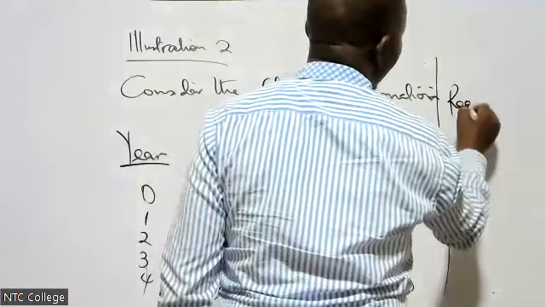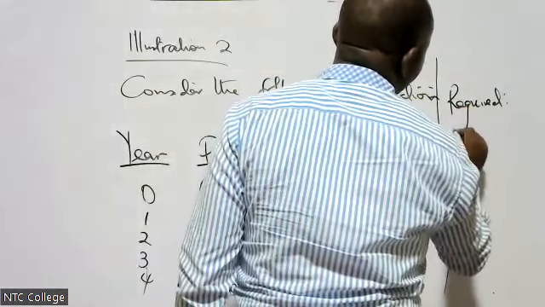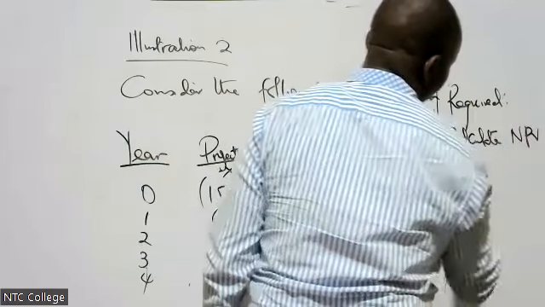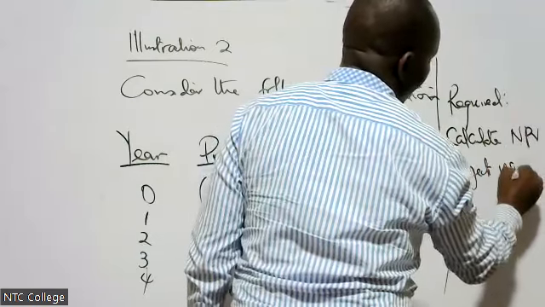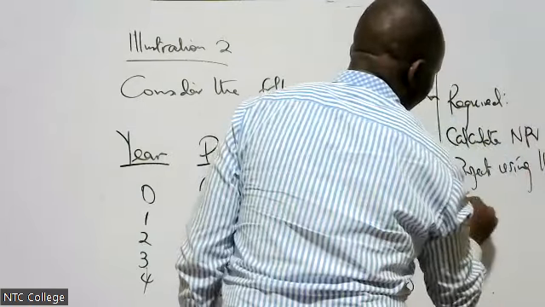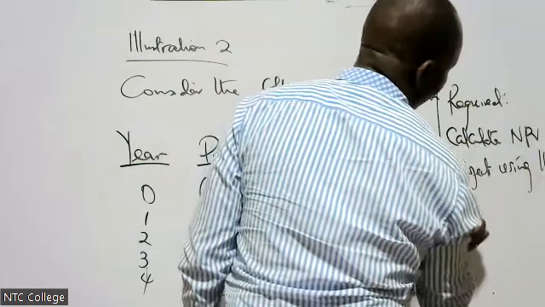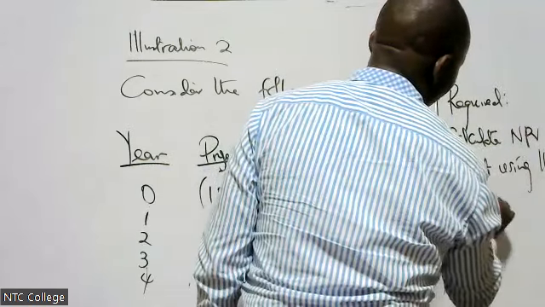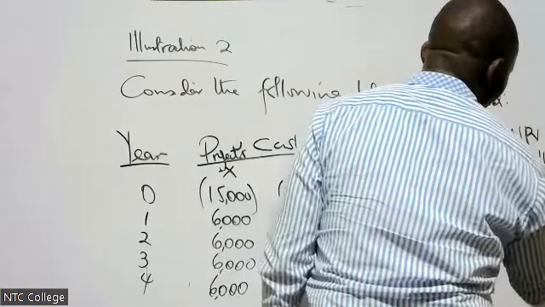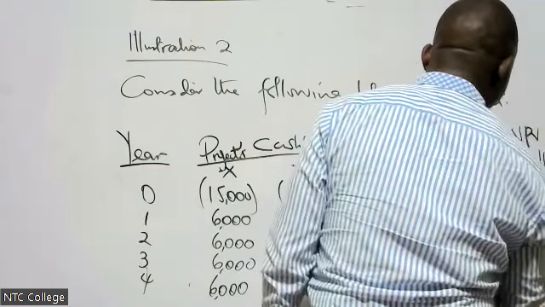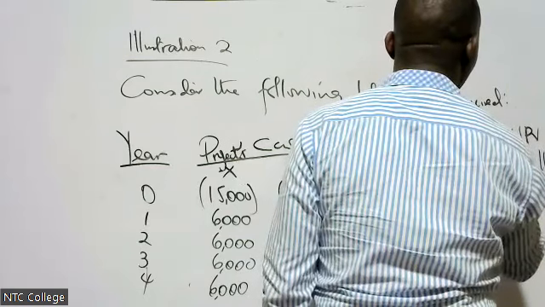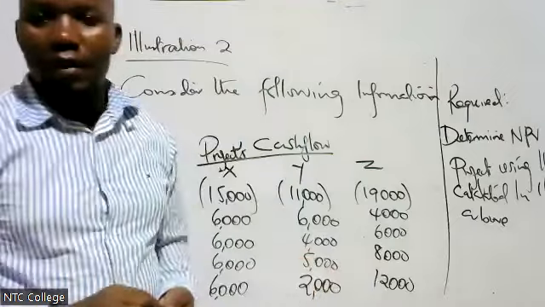Required: calculate NPV of each project using the risk adjusted rate, RAD, calculated in illustration 1 above. So that is the question.